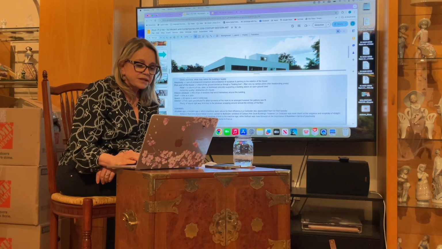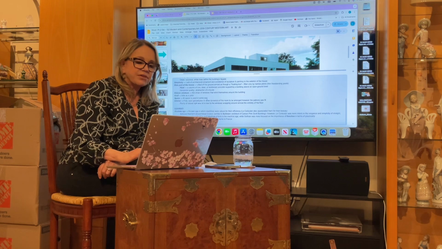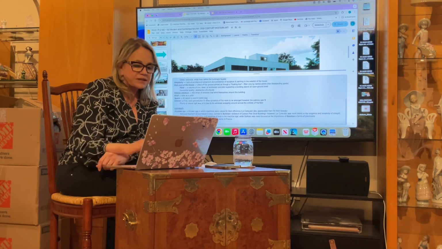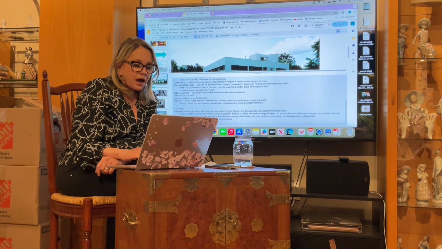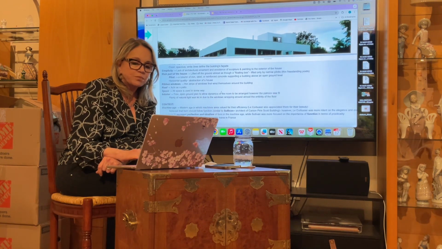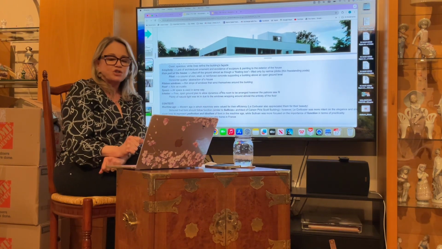So all space is used in some way. There was nothing there for show, nothing superfluous, everything had a reason for being there. You had in the interior a free and open ground plan to allow the dynamics of the room to be arranged however the patrons saw fit.